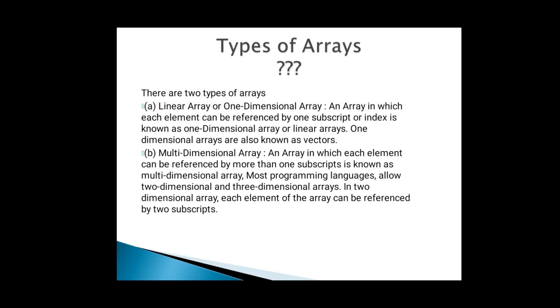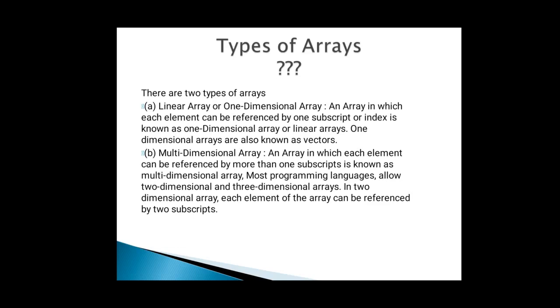Types of arrays. There are two types of arrays. First is linear array or one dimensional array. An array in which each element can be referenced by one subscript or index is known as a one dimensional array or linear array. One dimensional arrays are also known as vectors.